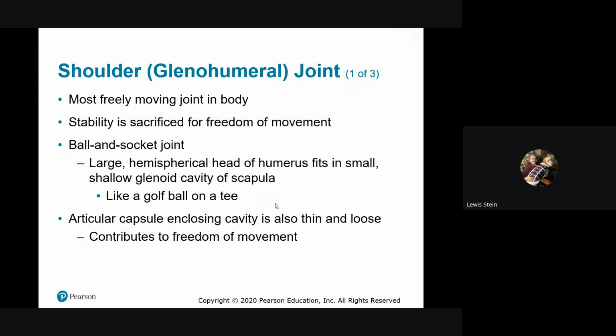The shoulder, the upper extremity, and the shoulder in particular are designed to have a great deal of mobility. The lower extremity and the hip in particular are designed to have a great deal of stability. It's a trade-off. There's no other way to look at it. The architectural design is for that.